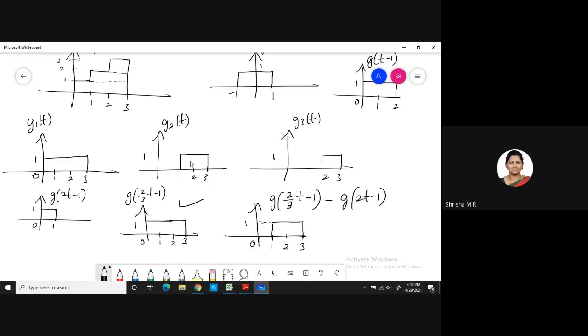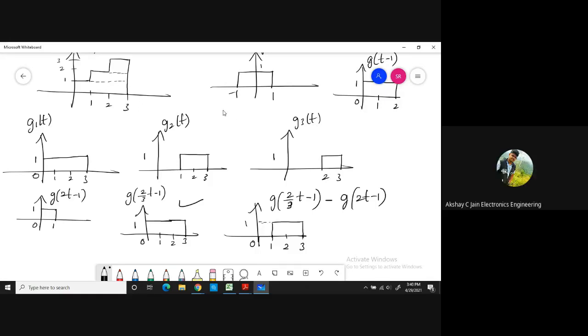Clear? What I am doing is subtracting this minus this to get a signal from 1 to 3, because I have to have everything in terms of g of t only. g2 of t should be in terms of g of t, and g3 of t also should be in terms of g of t. Got it?